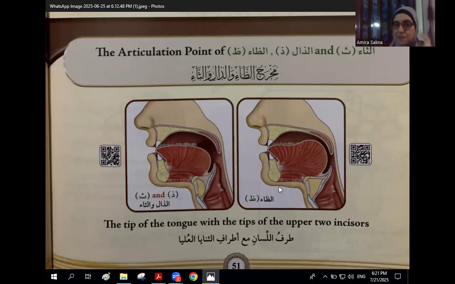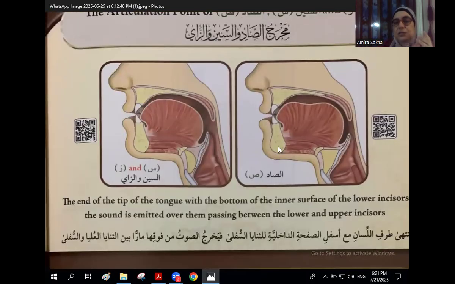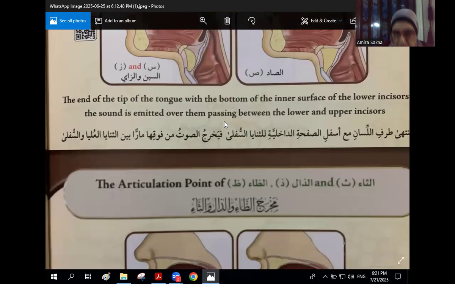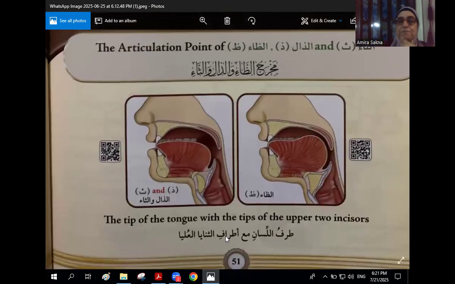So we can say the man of the family here is the waw, while the man of the family there was the sad, while with the ta, dal, and ta, the man was the ta. Okay, fine. What is the articulation point of waw, ba, and fa? It is the tip of the tongue with the tips of the upper two central incisors.